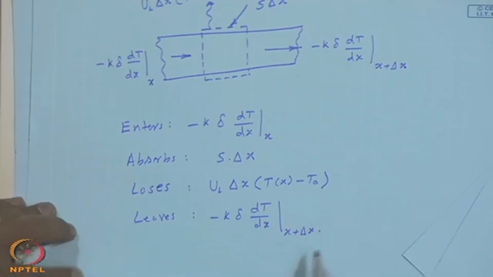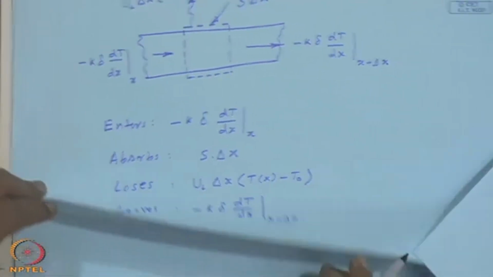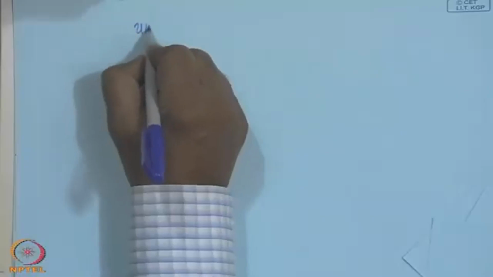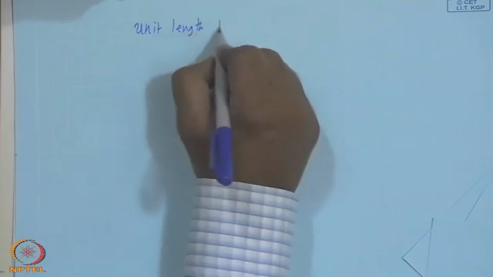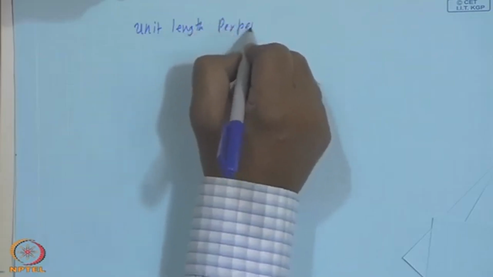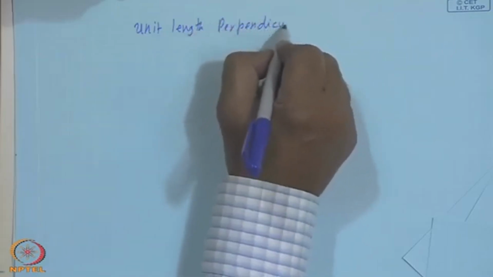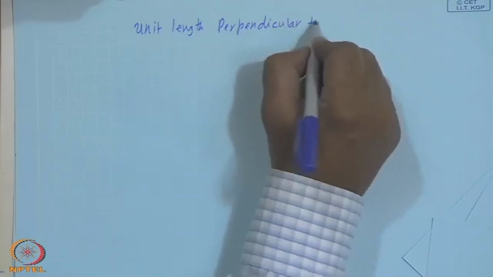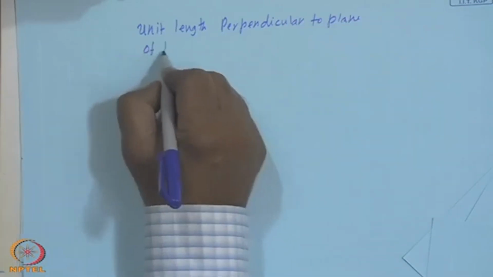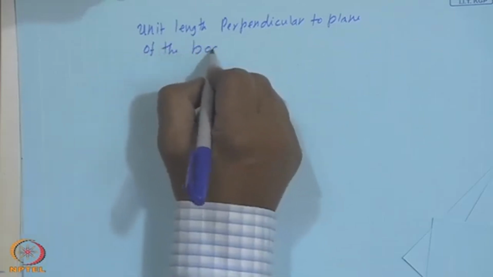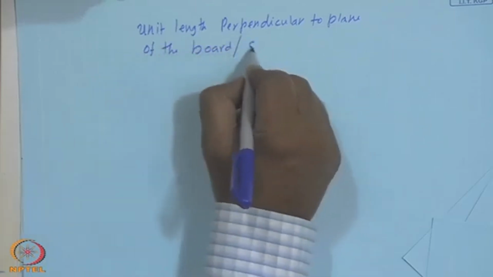So, this is what we are having, and if we want to make an energy balance, we are assuming unit length perpendicular to the plane of the board or screen.